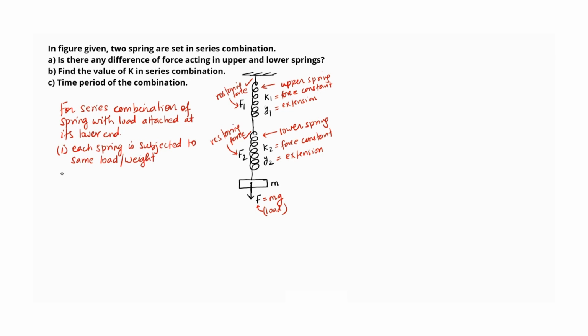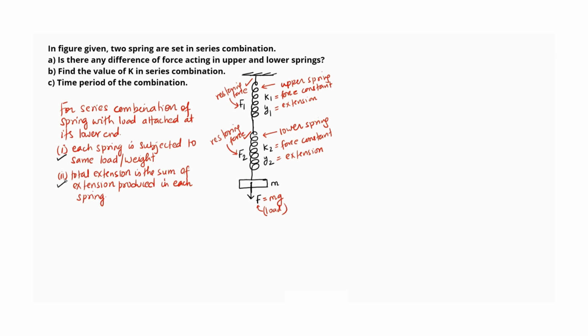Next, the total extension is the sum of the extensions produced in each spring.